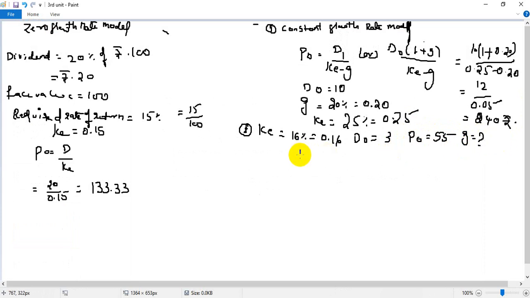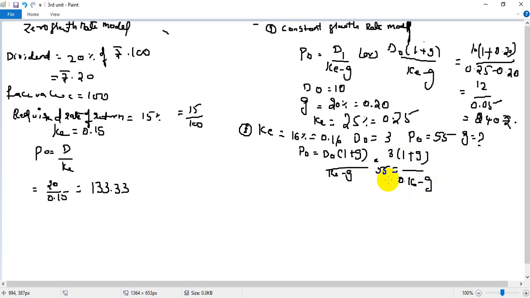So let's do that. P0 is equal to D0 into 1 plus g divided by KE minus g. So D0 is again 3 into 1 plus g divided by, but here he has already given you P0 as 55, is equal to KE, which is 0.16 minus g.